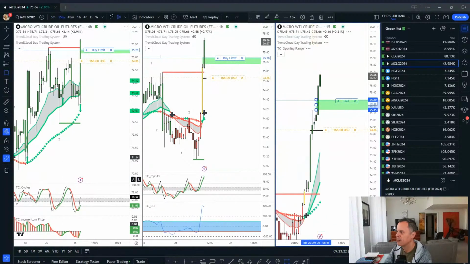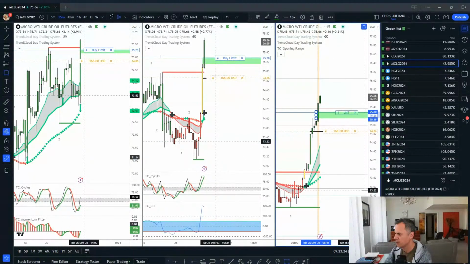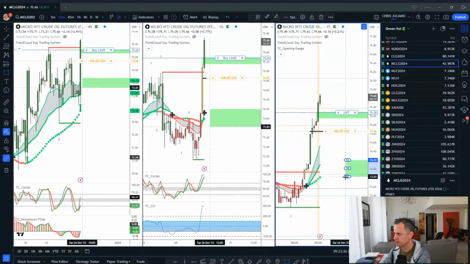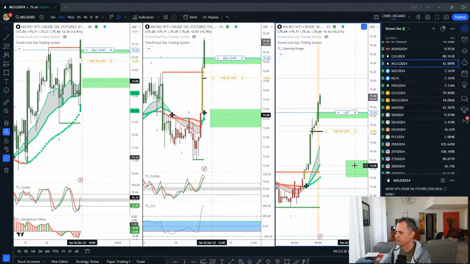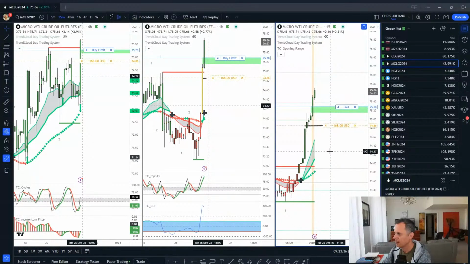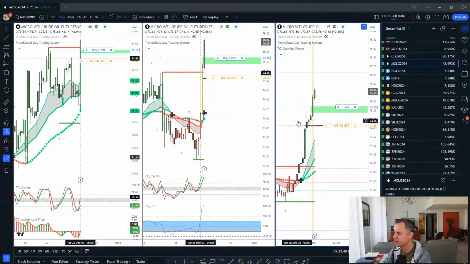Let's take a look at it on the 15-minute chart. On the 15-minute chart, we don't have that demand zone until down here, right? Rally, base, rally.